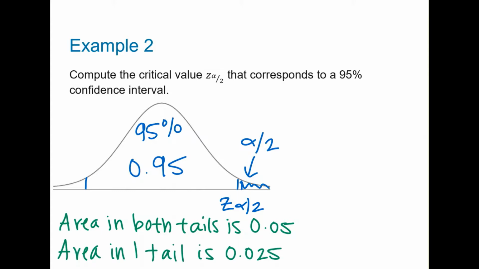So alpha over 2 is 0.025. And we can rewrite z alpha over 2 as z 0.025. So now we need to find the z-score that has an area to the right of 0.025. We can find the z-score by using StatCrunch or Table 5.